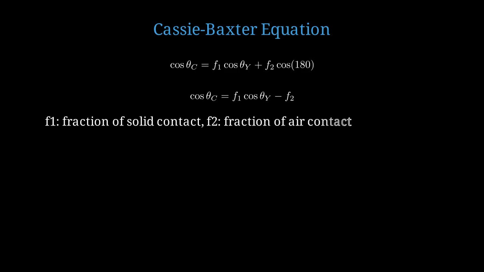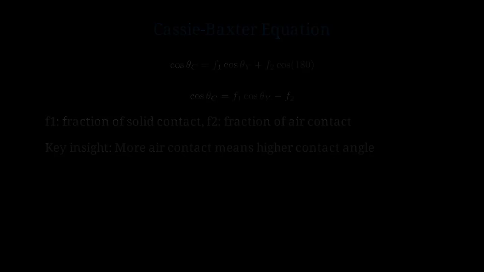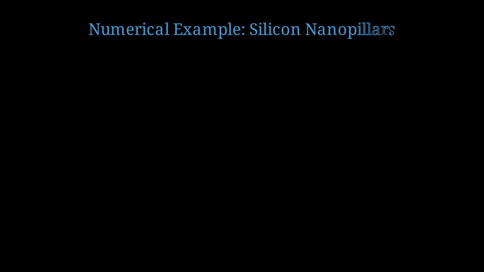Here, F1 is the fraction of the droplet base in contact with solid, and F2 is the fraction in contact with air. Obviously, F1 plus F2 equals 1. The key insight is that increasing the air fraction F2 makes the contact angle larger, approaching 180 degrees for a perfectly non-wetting composite interface. Let's do a numerical example.